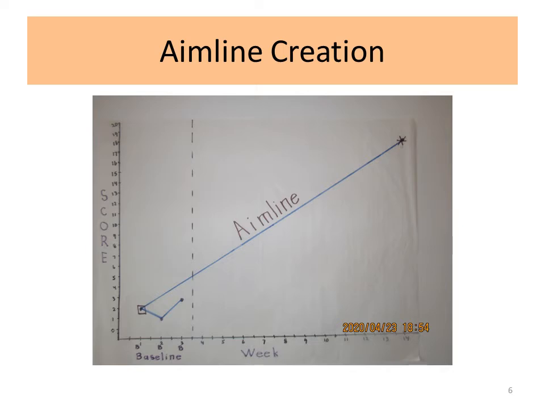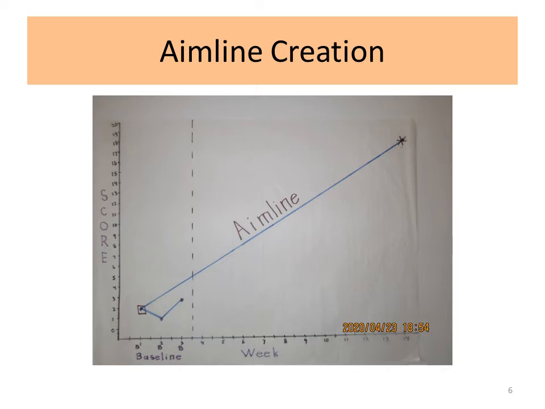and you go to the goal of where you want the student to be by the end of the 14th week. You put a little circle there, and this one goes up to 19, I believe, or it might be 18.